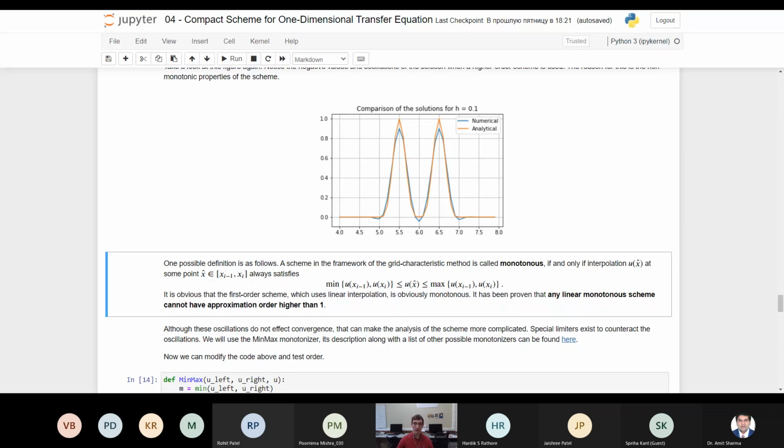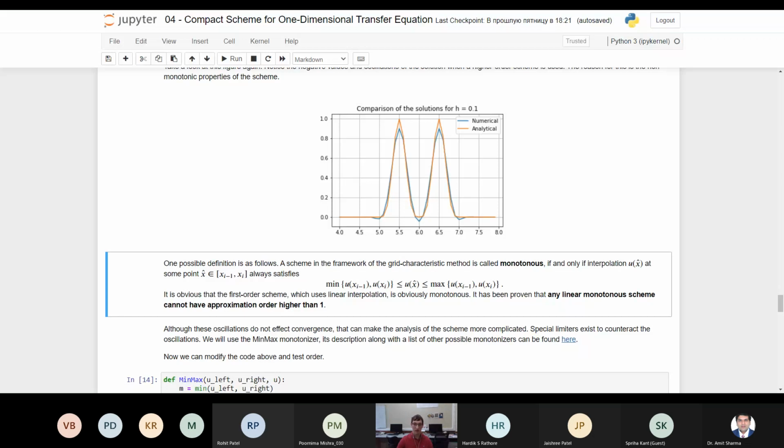It is obvious that first-order schemes are monotonous, but it has also been proven that any linear monotonous scheme cannot have the order of approximation higher than 1.